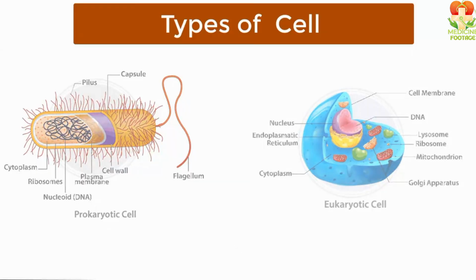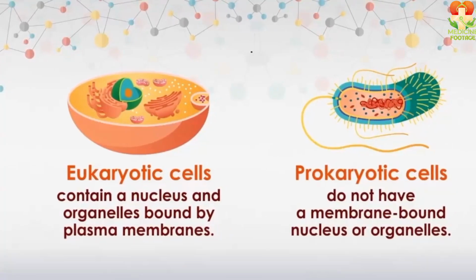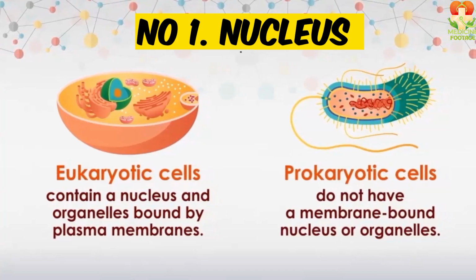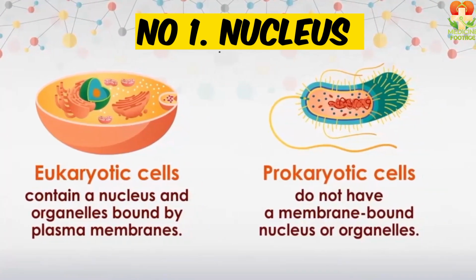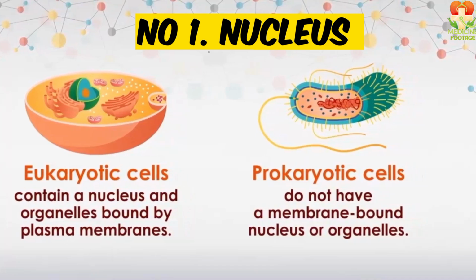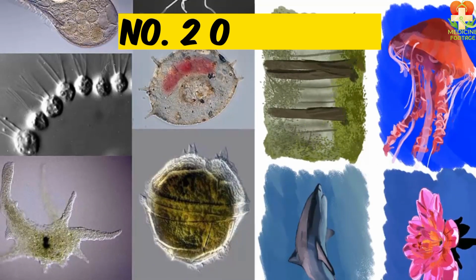Now, I will explain differences between prokaryotic and eukaryotic cells. Difference number 1, nucleus. Prokaryotic cells have a false nucleus without a membrane, while eukaryotic cells have a true nucleus enclosed by a membrane. Difference number 2, organisms.